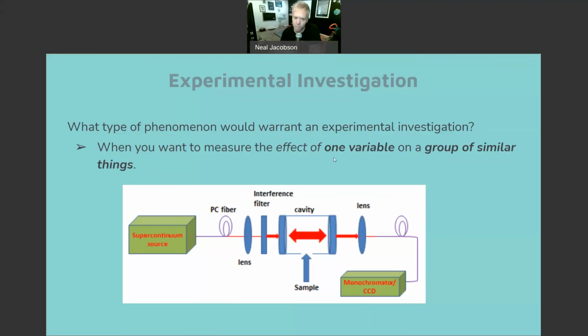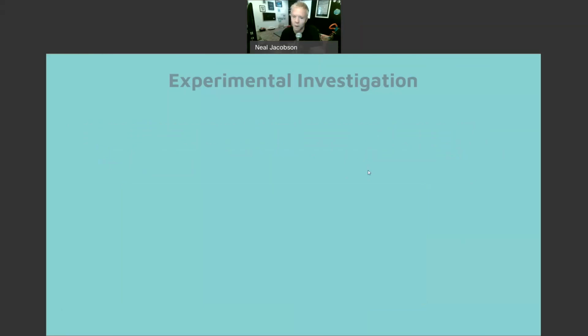That group of people are similar enough that if I split them into two groups and give one a placebo and give the other one my blood pressure medication, I can measure the change in their blood pressure over weeks of treatment and see if there is a difference caused by this one variable. So you're basically establishing a causative relationship between your medication and the outcome of the experiment.